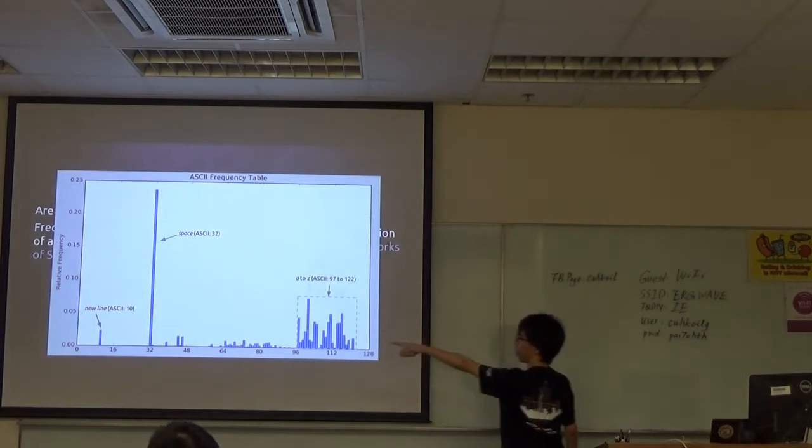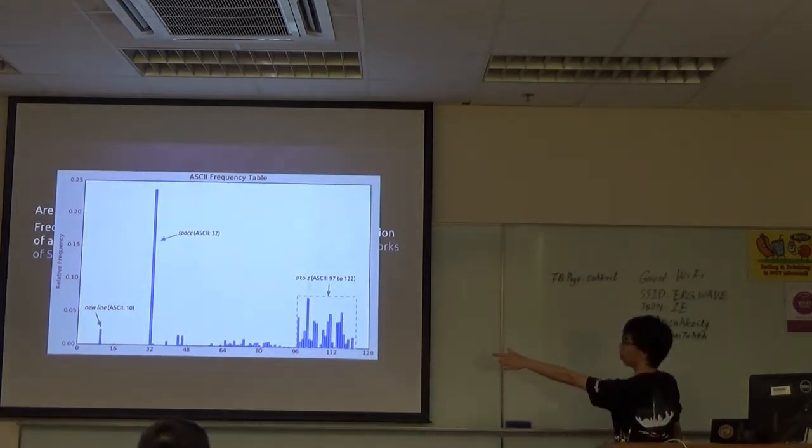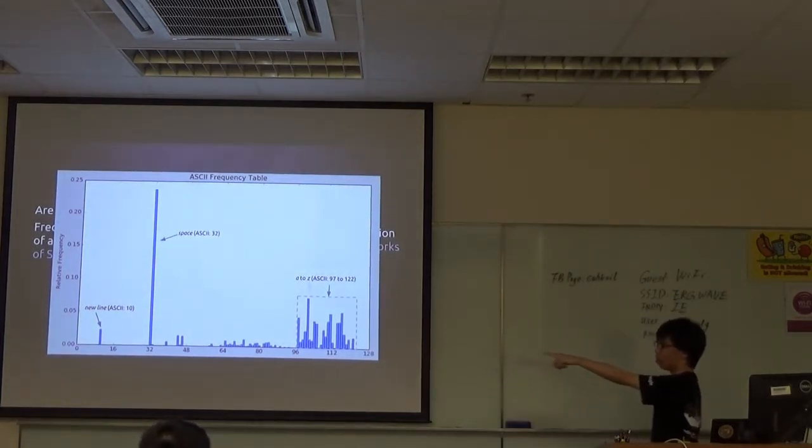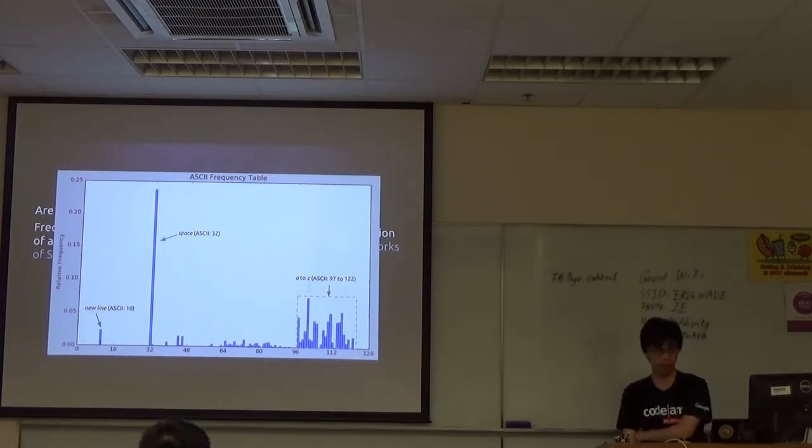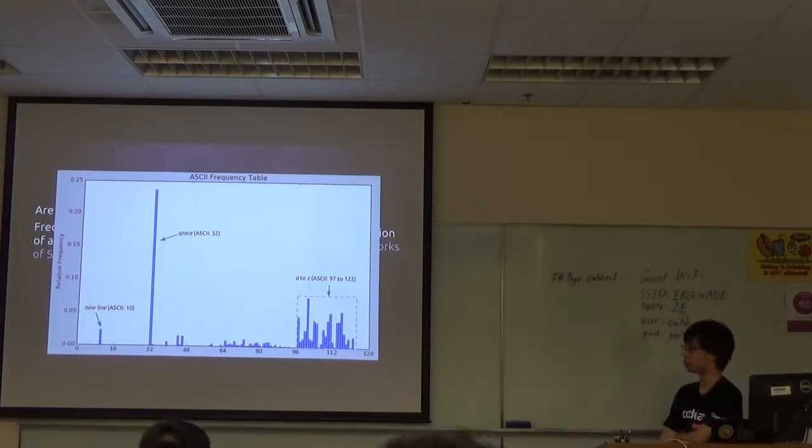There are some new lines over there. The remaining part, something like 64 to 96, are capital letters. We can expect that every plain text should have a similar distribution like this.